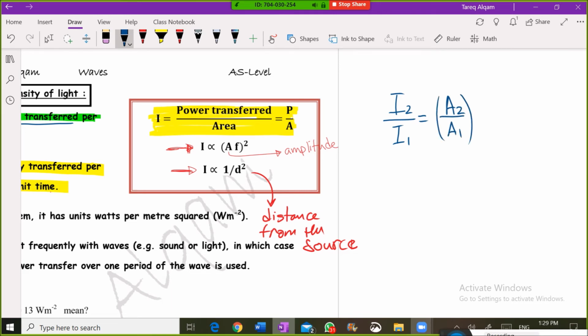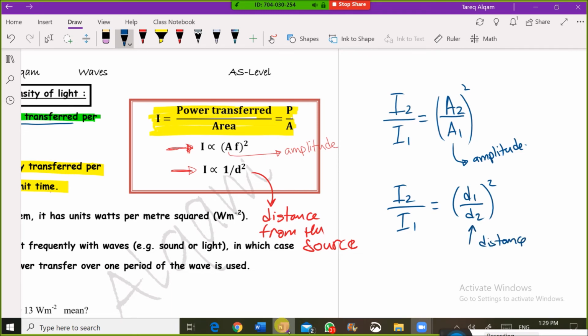Guys, the symbol A here is not area, it's amplitude. Or I2 over I1 equals D1 over D2 squared, because the intensity is inversely proportional to the distance from the source.